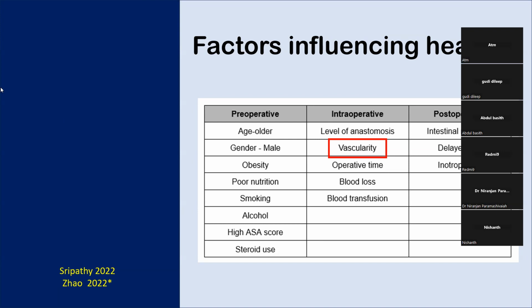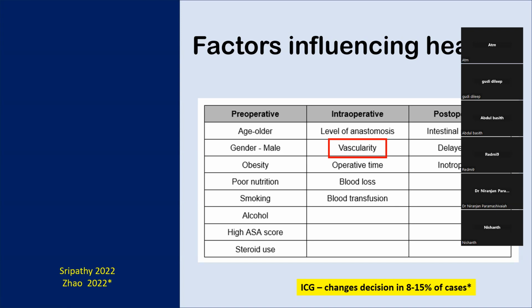Handheld Doppler, sir? Much more than Doppler? Indocyanine green, ICG. Okay, ICG is something that has come into play, and nowadays it's becoming more and more popular. But ICG is not a panacea, it's not magic. It does help you.